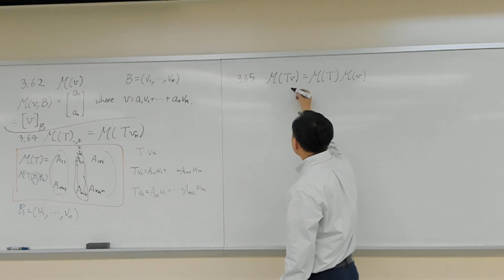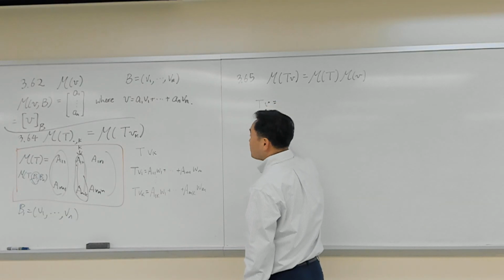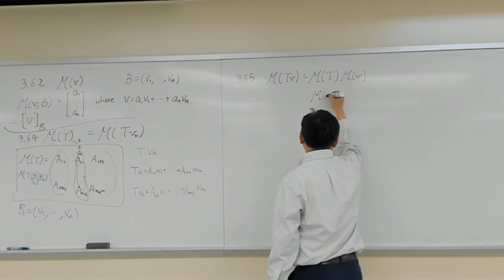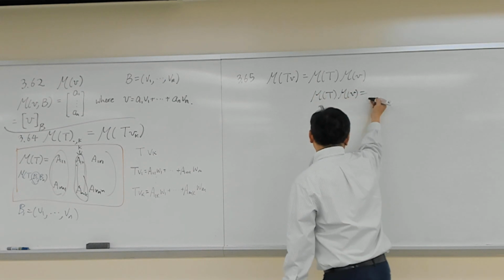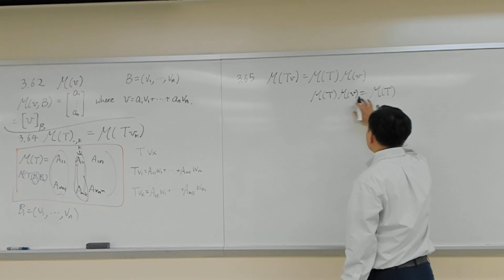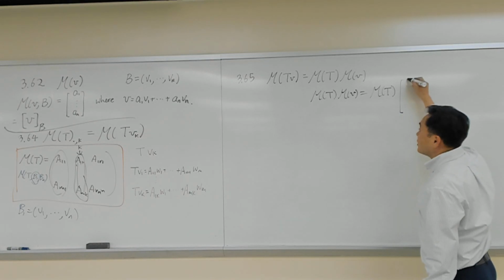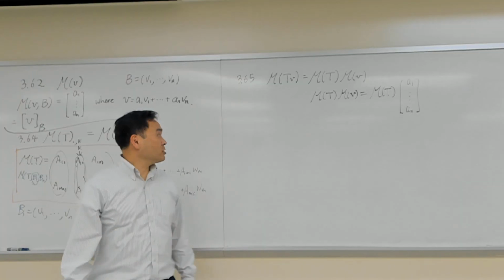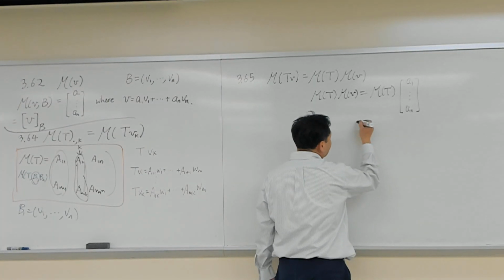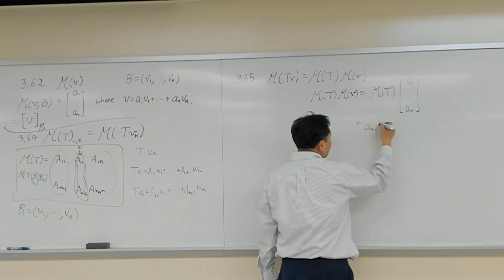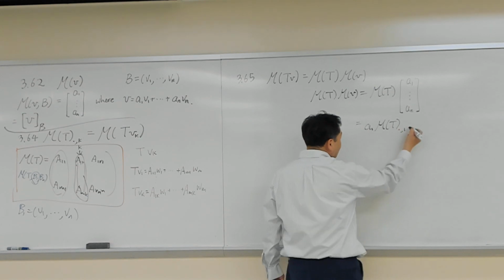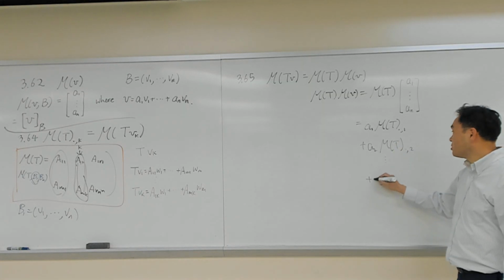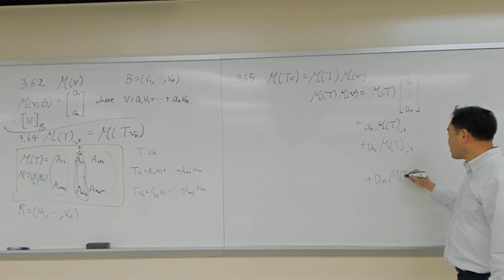The way we think of M(T) times M(V), where M(V) is A1 through An, our coordinate matrix, we learned in the previous section that this is the same as A1 times M(T)'s first column plus A2 times this matrix's second column all the way up to An times the matrix's last column.